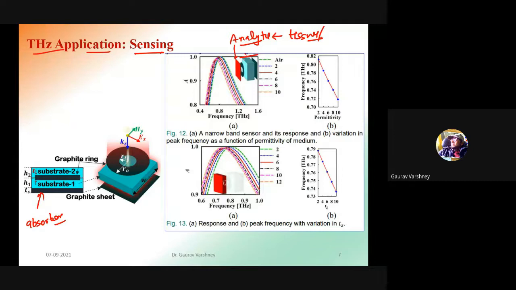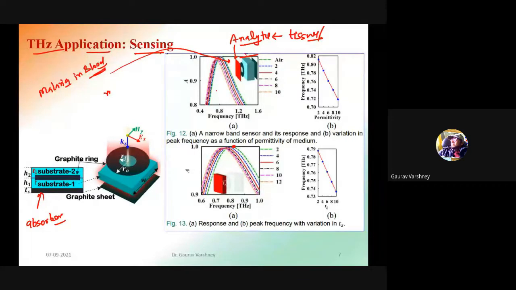Suppose we want to detect malaria in blood. We take normal blood and place it at the top of this absorber. We know the refractive index of this absorber, and we find some resonant frequency, some absorption spectra, somewhere at this frequency.